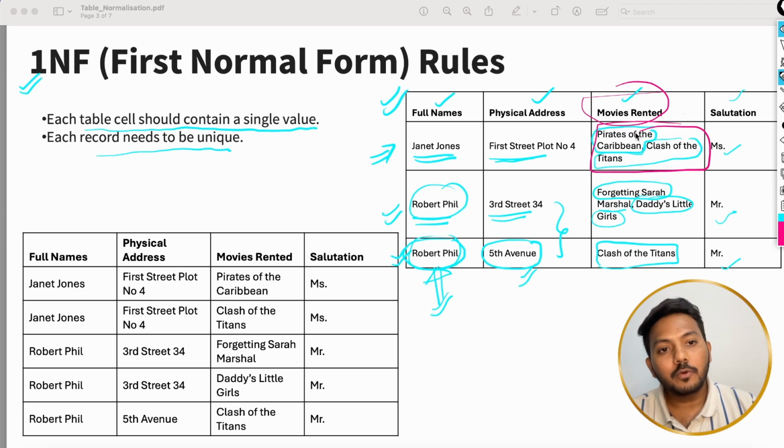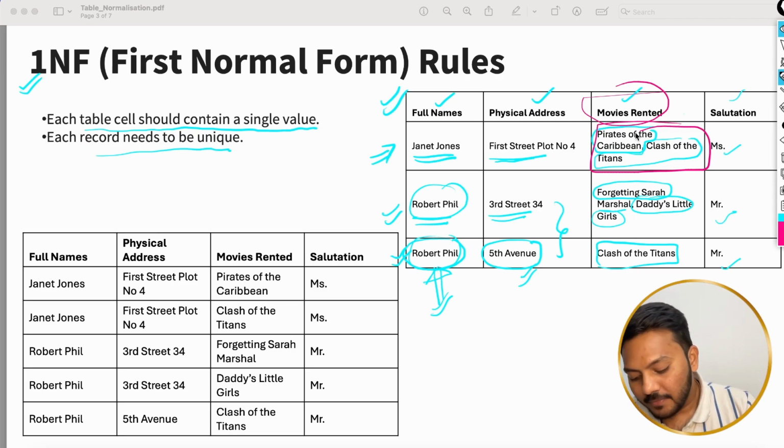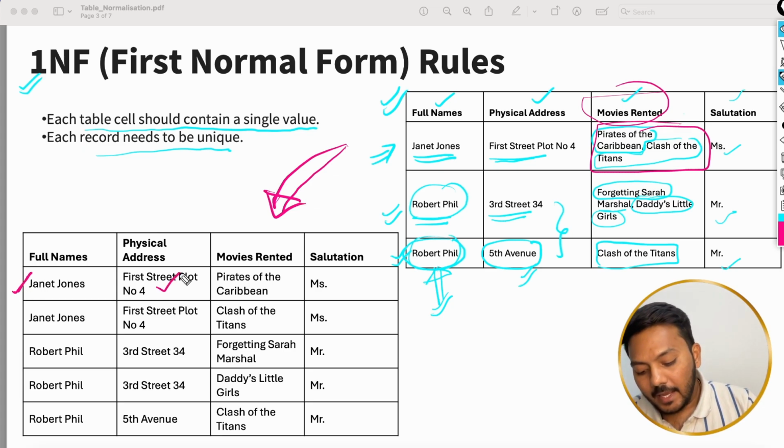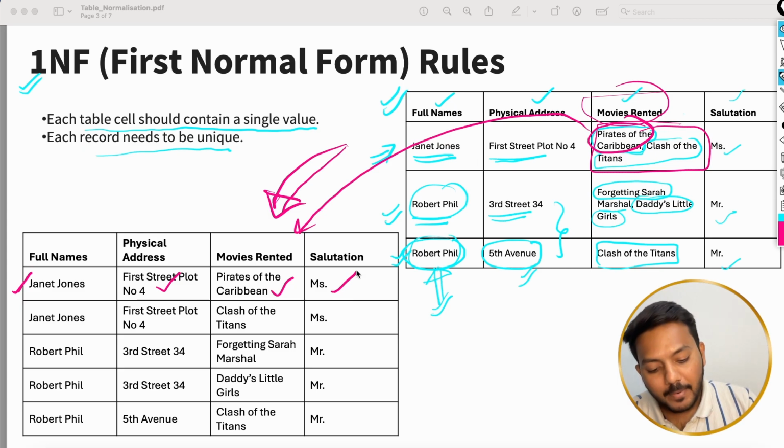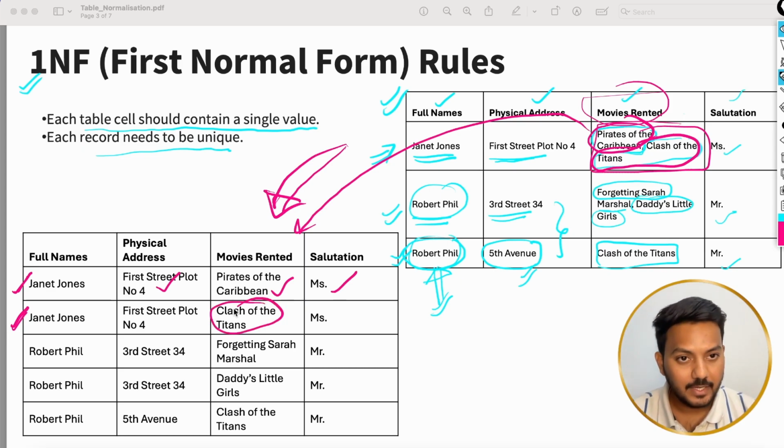I don't want to have data like this if you want to convert your table into 1NF. So I would convert this into this format, in which I have Janet Jones, the person's address, and the movie that she rented. I am only taking the first movie and the salutation. And because this person has two movies rented, I'm going to create one more row for the same person with the other movie that she rented.